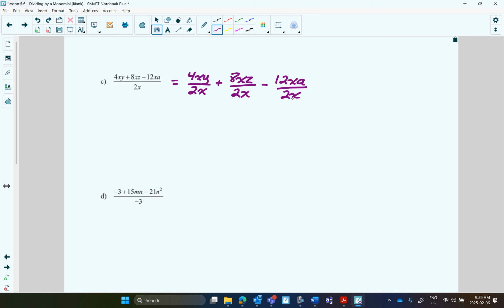So when we do those three divisions, what do we get? 2y plus 4z minus 6a. That's right. 4 divided by 2 is 2, the x's go, we're left with a y. 8 divided by 2 is 4, x's go, we're left with a z. 12 divided by 2 is 6, x's go, we're left with an a.